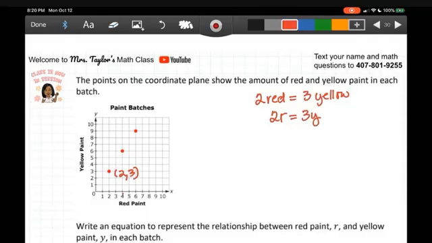This one would be 4 and 6. And this one would be 6 and 9. But you would just have to keep going with the pattern. But this is the equation. This is the only equation you would need for this particular answer. So write an equation to represent the relationship between the red paint and the yellow paint. You get 2R is equal to 3Y. Okay, let's do another one.